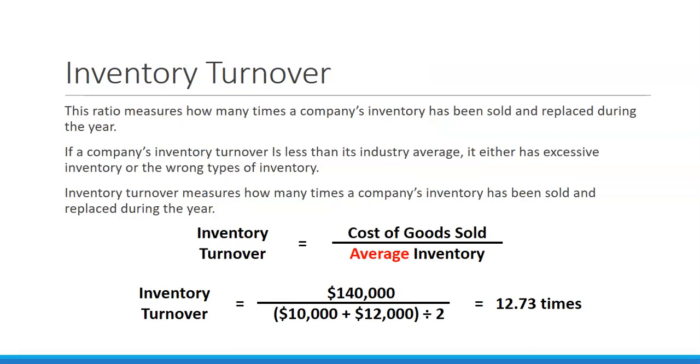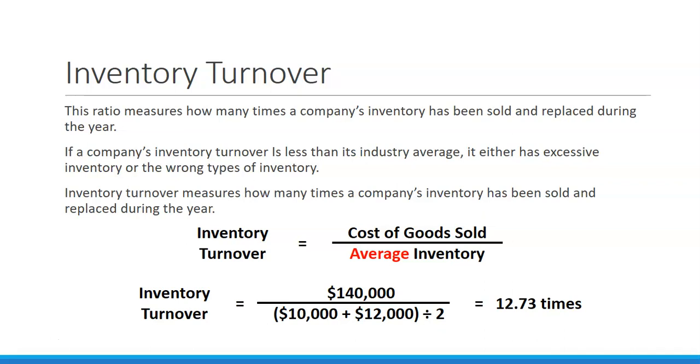Inventory turnover ratio shows how often your inventory is sold and replaced during the year. You want it to be around industry average. Different industries are going to have different turnover ratios, and whether that's good or not really depends on the industry.